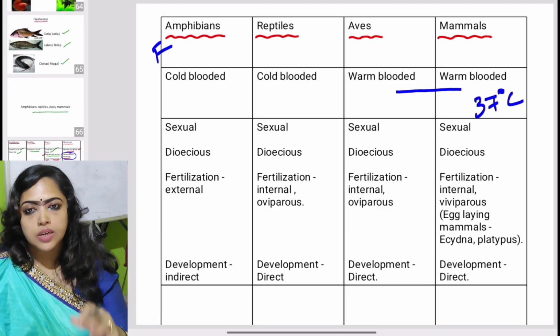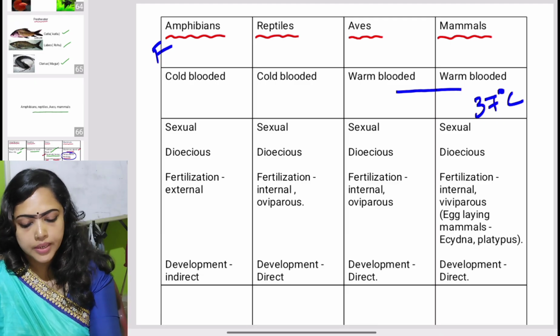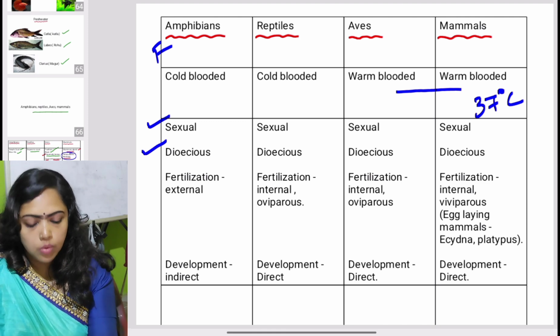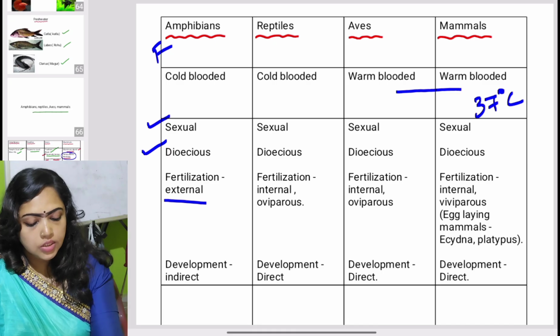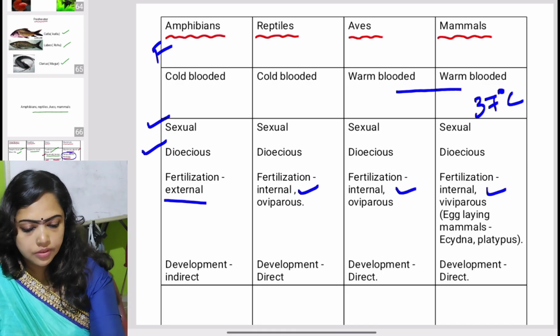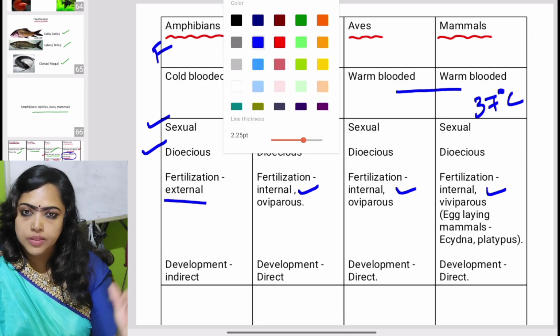Then the features related to their reproduction, no doubt. All the groups, which mode of reproduction? Sexual. Then the organisms are dioecious. Then in amphibians, fertilization is external, while all the other groups, fertilization is what? Internal. Then these reptiles and apes, the development of the young one is outside the body but within the egg.